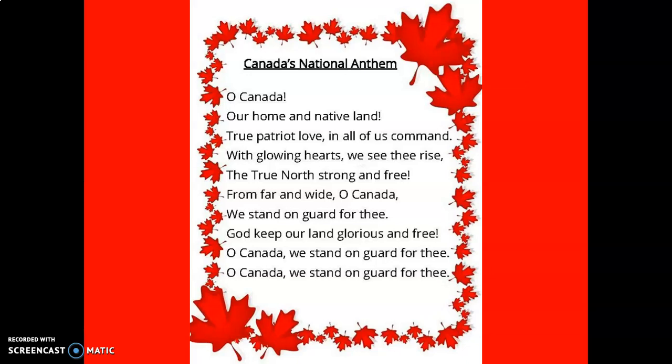From far and wide, O Canada, we stand on guard for thee. God keep our land glorious and free. O Canada, we stand on guard for thee.